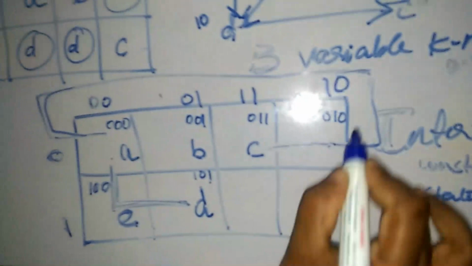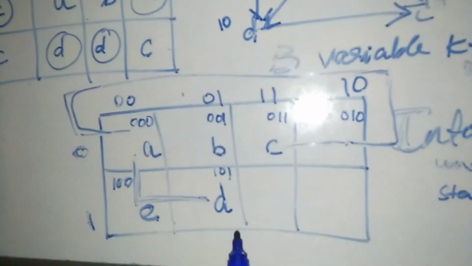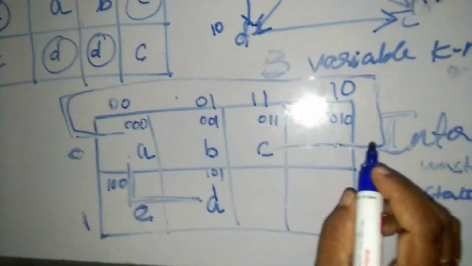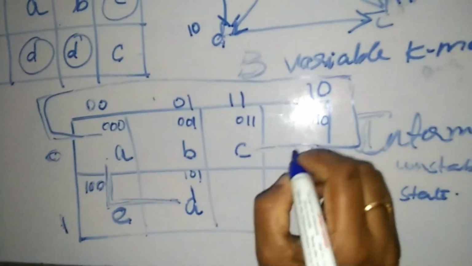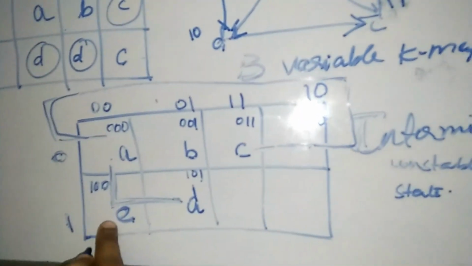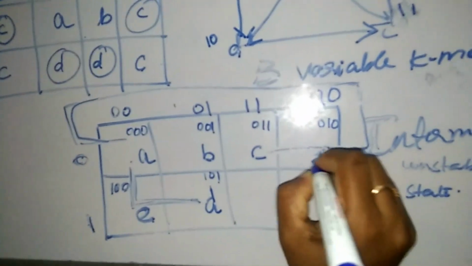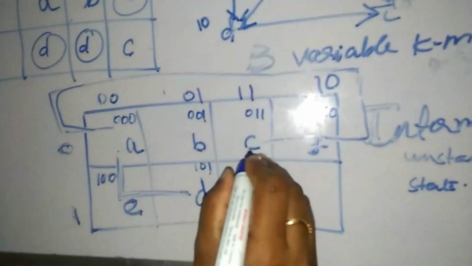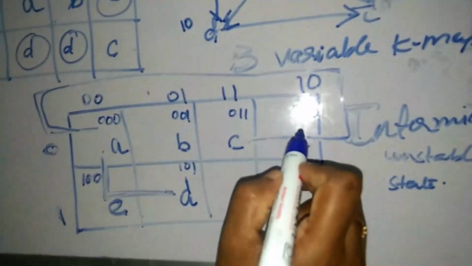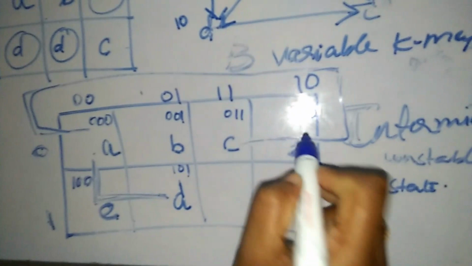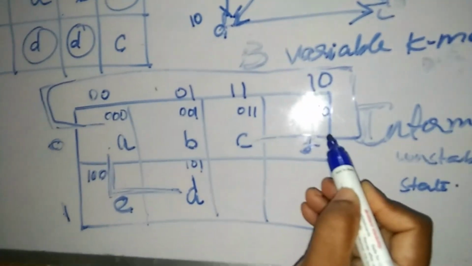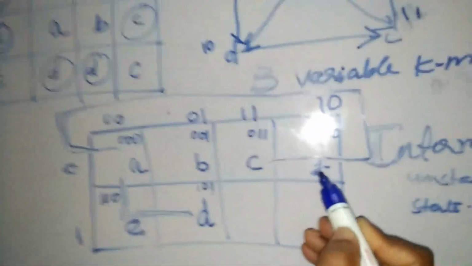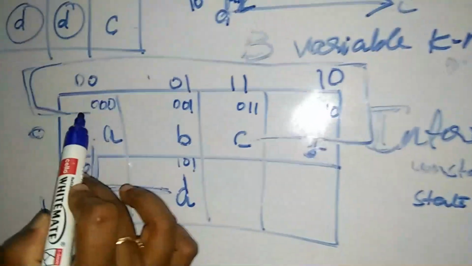Now, C to A. Let me name this state F. So A, B, C, D, E, and now let me take this state as F. From C to A, since there is a race condition prevailing, this race can be removed by the addition of an intermediate unstable state, which is called F. Now you can compare this and this.